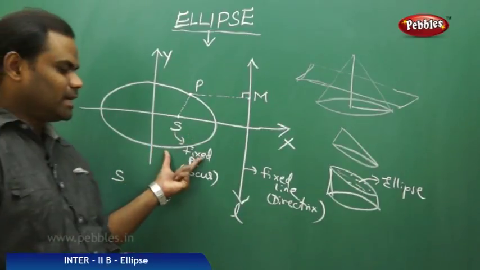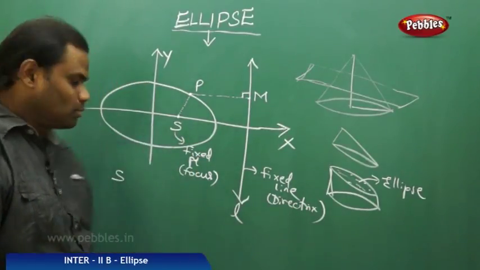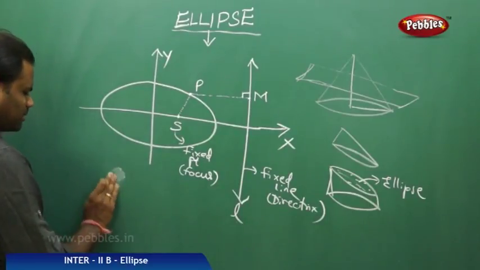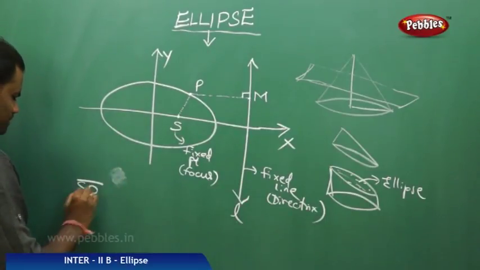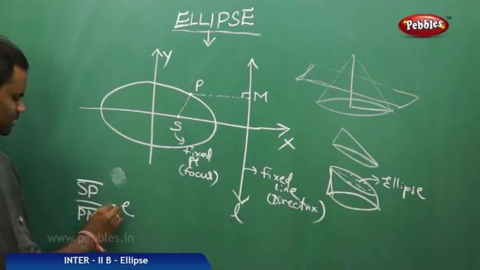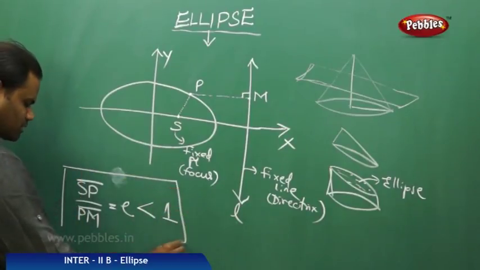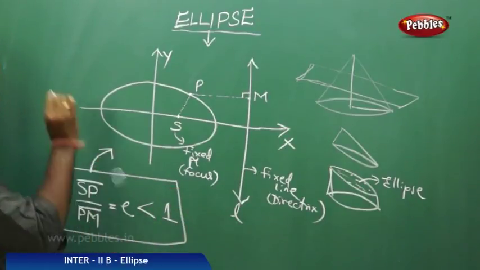The fixed point S and the fixed line L generate the ellipse, provided that SP by PM, which is denoted with eccentricity E, is less than 1. That's how we define the ellipse.